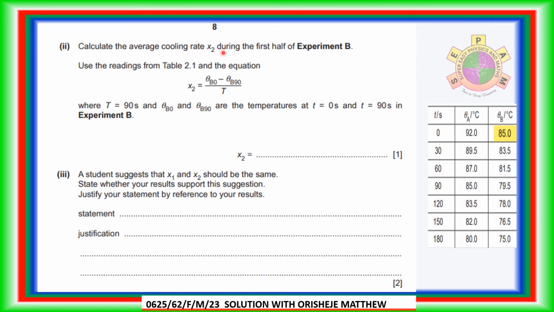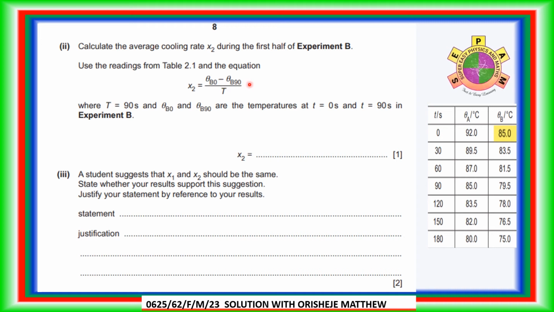Calculate the average cooling rate during the first half of experiment B. Use the reading. So the first half is from theta B0 to theta B90. So from theta B naught, the temperature dropped from 85 degrees to 79.5 degrees.